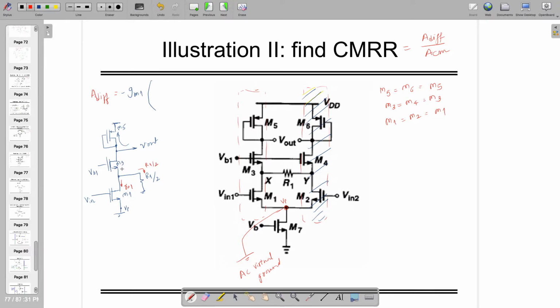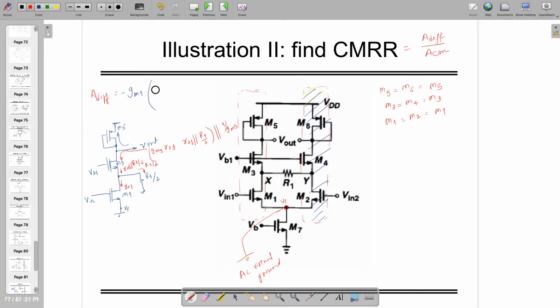So in total this side it's RO1 in shunt with R1 by 2, and looking from here you are going to see GM3 RO3 times RO1 in shunt with R1 by 2, and looking upside it's a diode connected load, so it will be 1 by GM5, right?